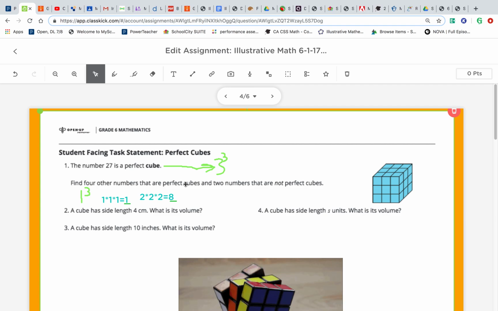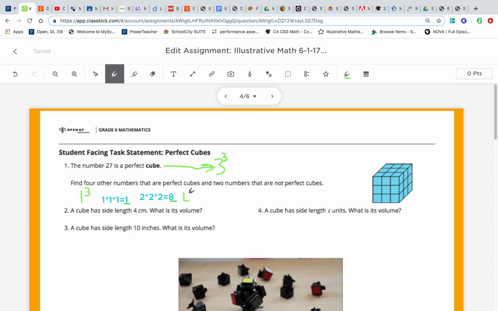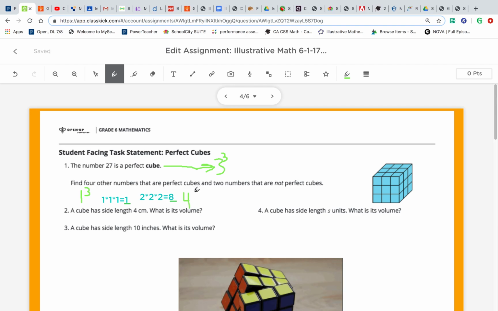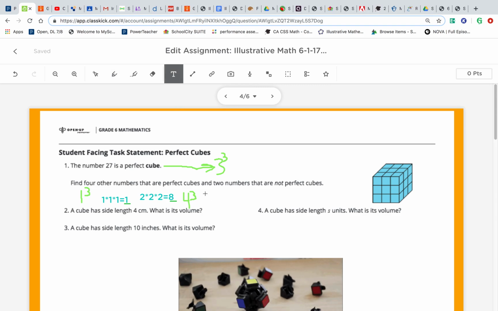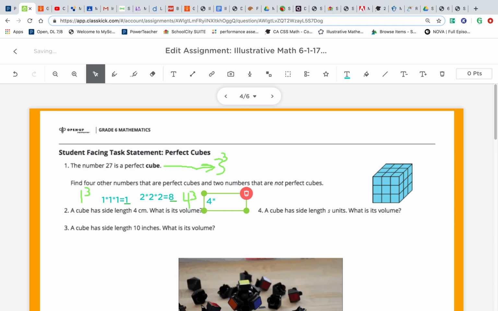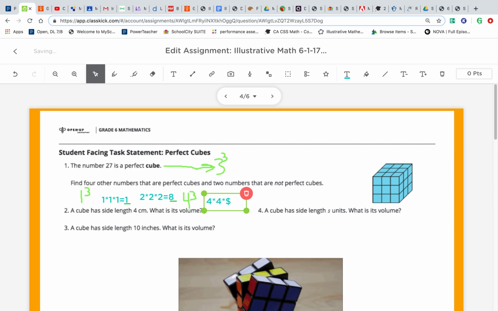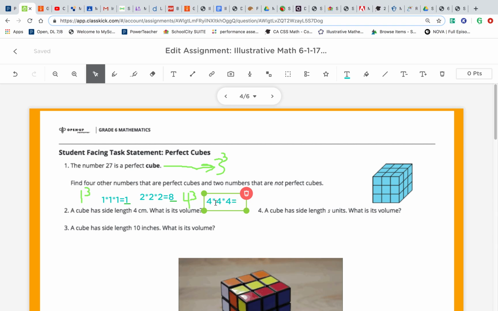The next one would have to be 4 cubed, so I'll go ahead and write that in this time. 4 cubed is going to be 4 times 4 times 4. Not times the dollar sign. 4 times 4, right here, is 16.